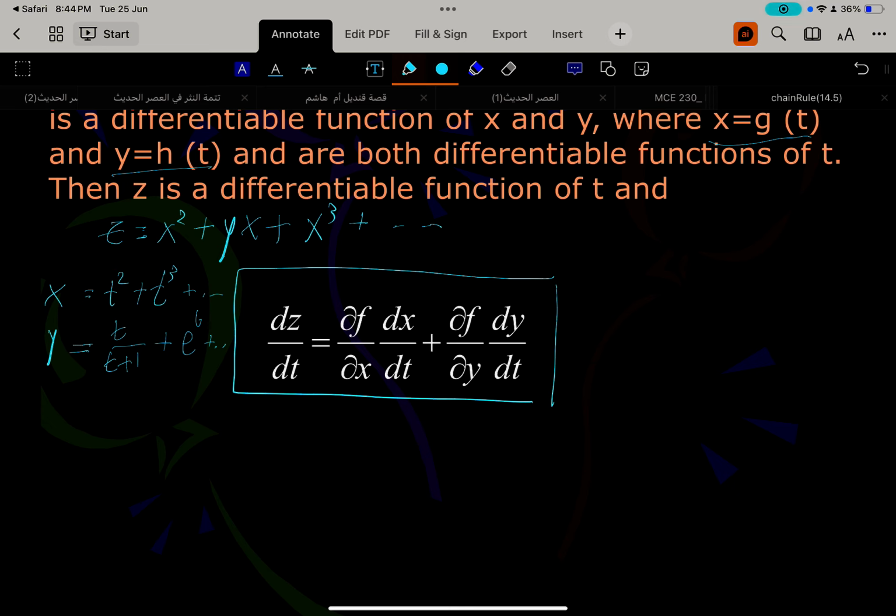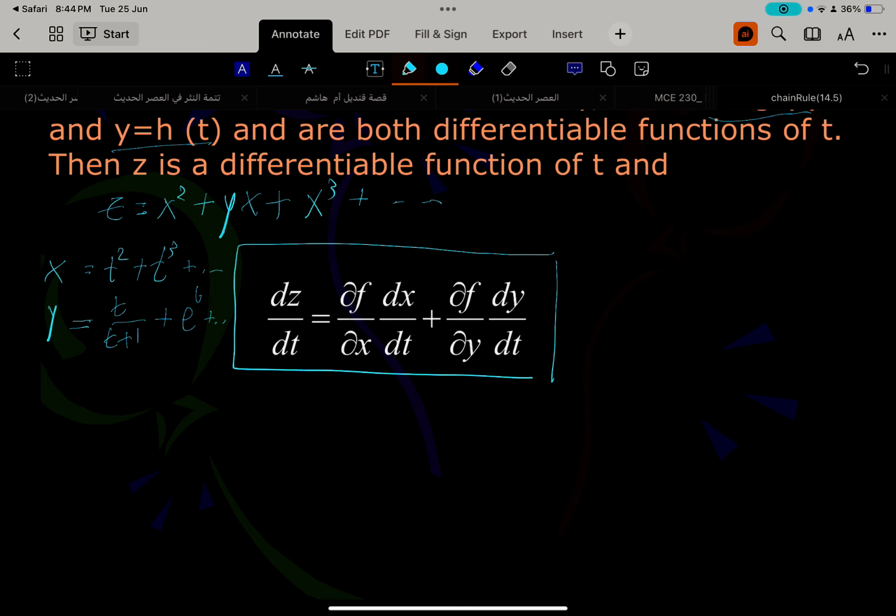So to make it easier for us, mathematicians developed the chain rule, which states that if you want the derivative of a function with respect to another variable, and z is a function of two other variables, then you have the partial derivative of f with respect to x, which is fx, multiplied by dx over dt. This is not a partial derivative, this is a regular derivative, since we don't have any other variables.